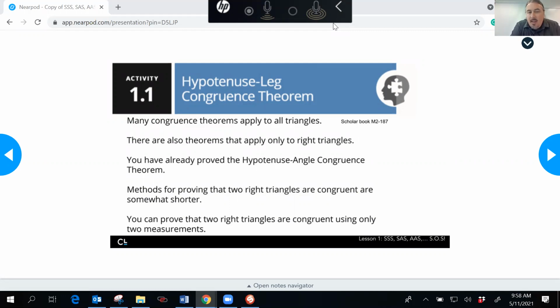But methods for proving that two right triangles are congruent are somewhat shorter. You can prove that two right triangles are congruent using only two measures.